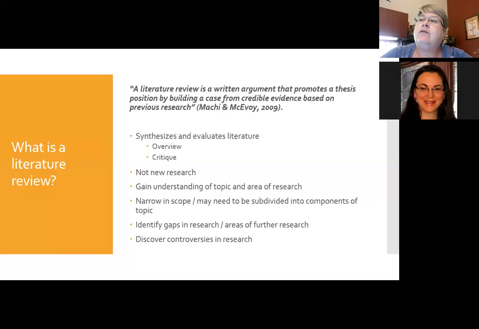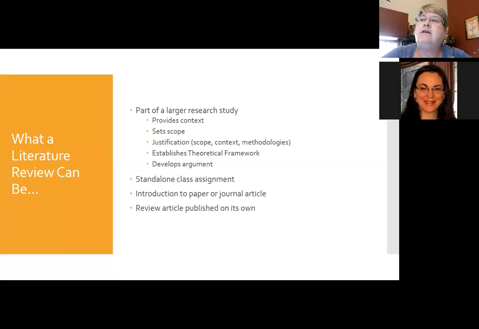One thing that is important is that your topic may need to be subdivided into components. When you're doing research, especially if you're writing a thesis or a dissertation, you may be looking at a topic that really hasn't been studied in the way that you're looking at it before. So you may not find the exact article that you're looking for on your exact topic because it may not exist.